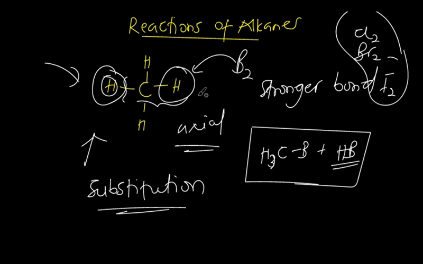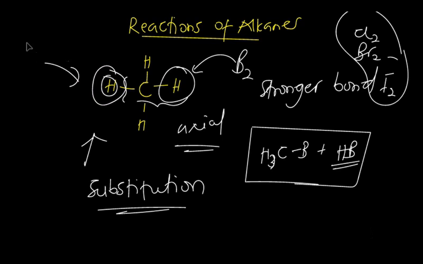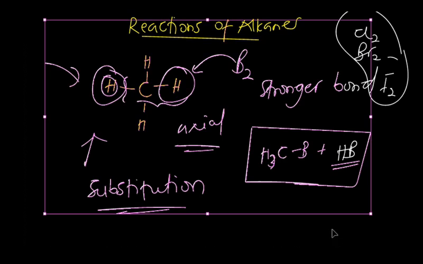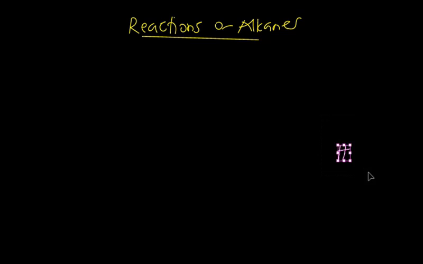In this tutorial video we are going to look at how the halogenation of alkanes actually occurs in the presence of UV light. Now, alkanes undergo substitution reaction with halogens to yield haloalkanes and hydrogen halides.